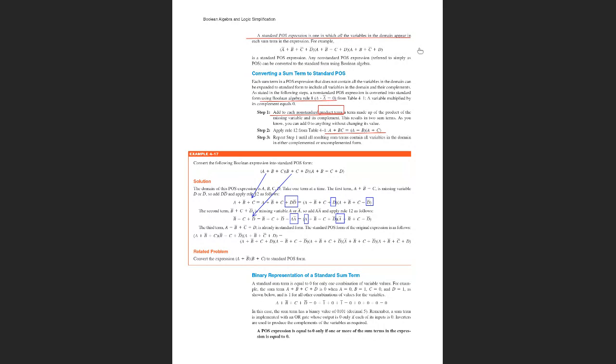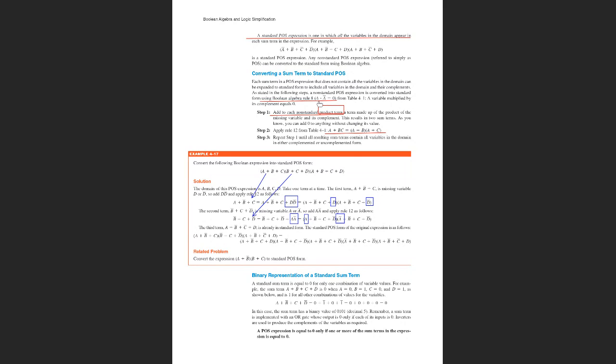So when we don't have such a standard form, the question is how to convert the POS to standard POS form. The solution is in rule 8 of Boolean algebra, which says A times not A is 0. What does it mean?